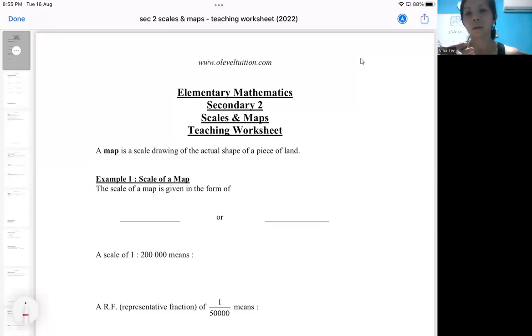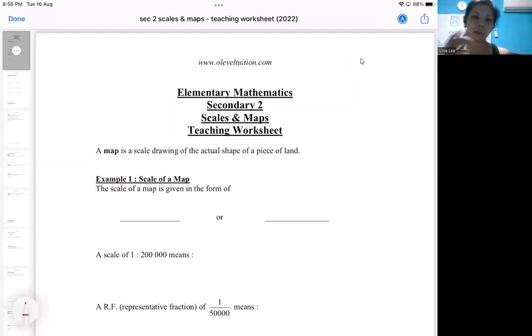So they reduce the actual distance to map distance, so there is a specific ratio. That's why scales and maps is under similarity.